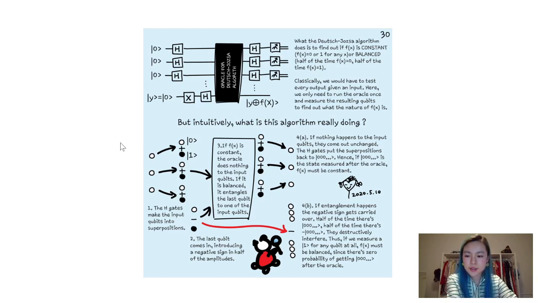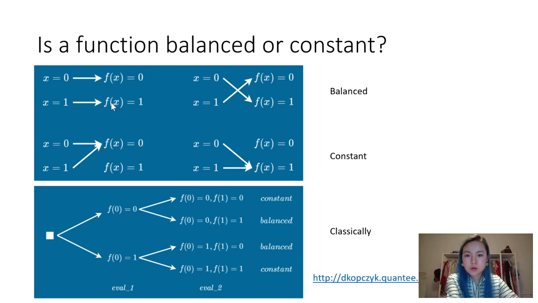Let's take another example, because we have so many qubits here, the mathematics can get very lengthy. Let's reduce it down to the Deutsch algorithm, where we only have one input qubit. This is what the Deutsch algorithm does. There are only two options now, only two qubits involved.